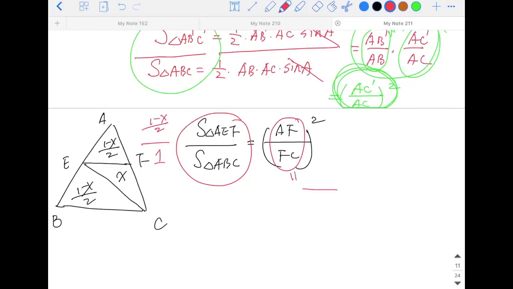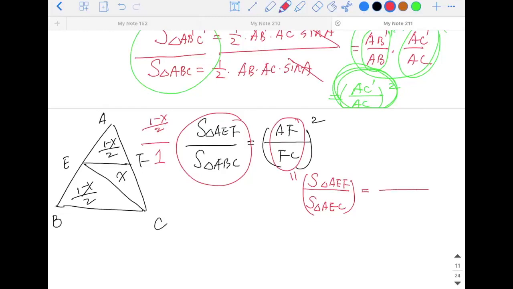This is actually the area of AEF and also the area of AEC, their ratio. Is that right? This is exactly what we just introduced. Two triangles sharing the same height, so the area ratio will be the bottom ratio. So far, so good?